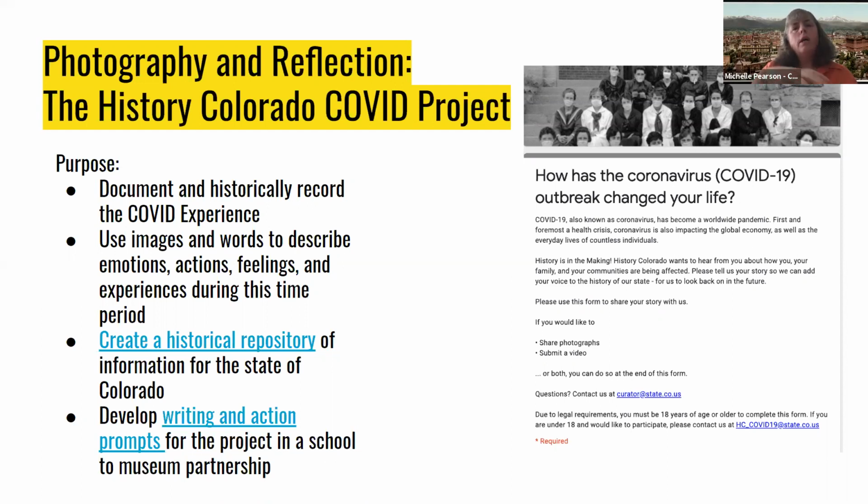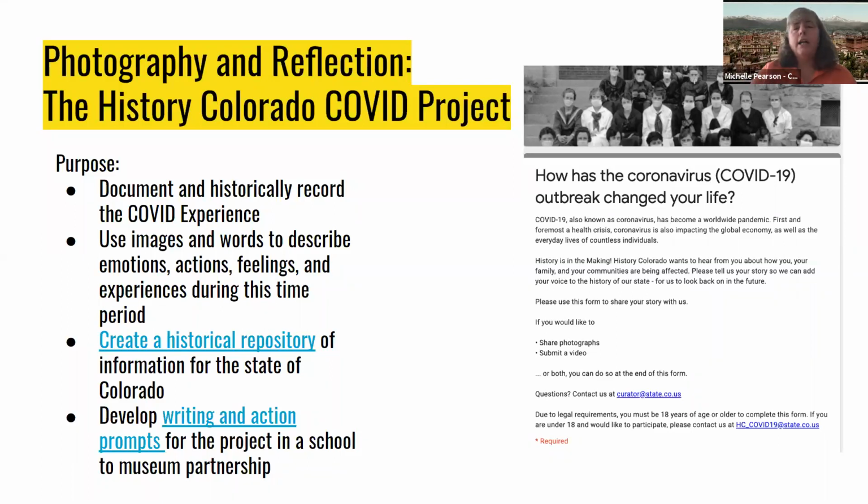And so we're working with what we call the Museum of Memory. And we are working specifically to document this over a series of 6 to 8 weeks through photographs and through writing. And we have created a couple links here for you that can guide you to some of the prompts that we've used.